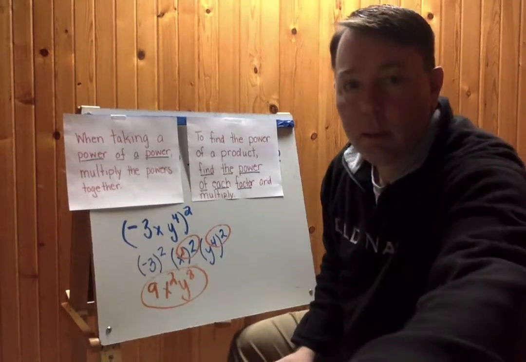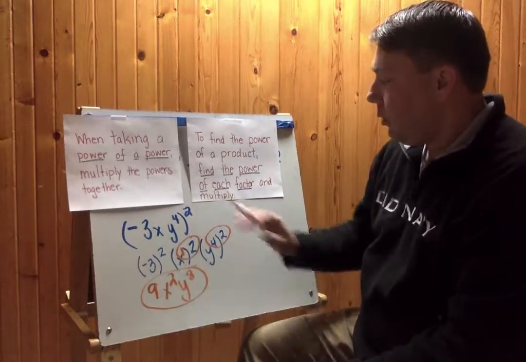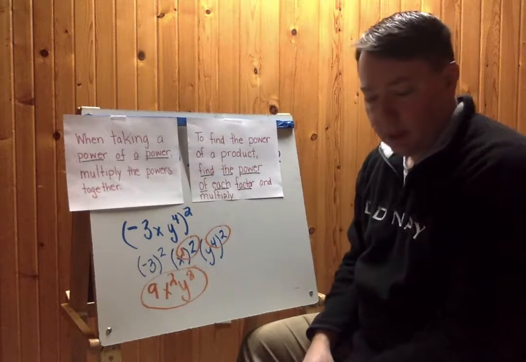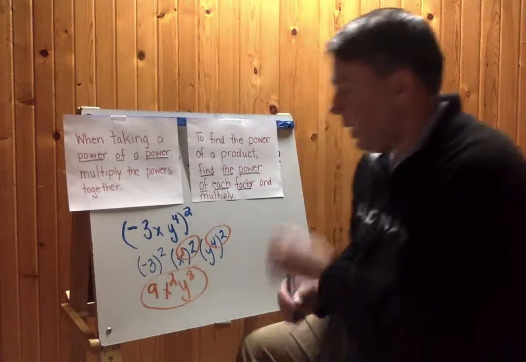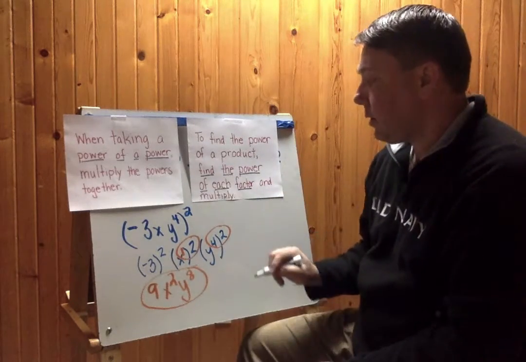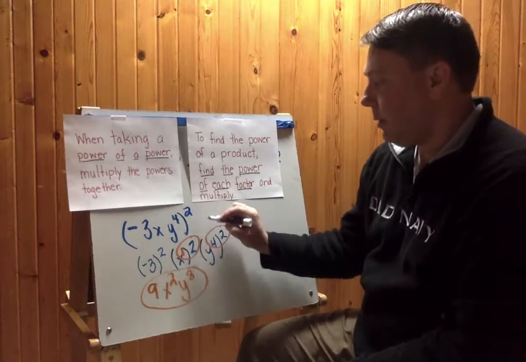Now, I've seen problems where they'll have you do this twice and then multiply the answers together. So I want to change this example a little bit and say, what if they had another factor, a monomial, being multiplied by this?